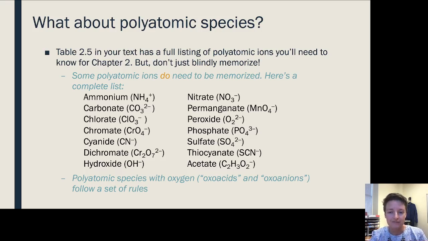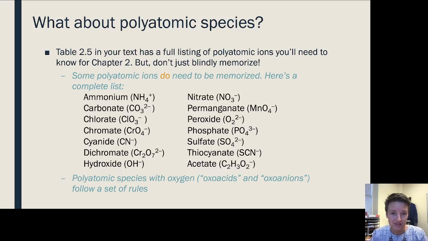However, a lot of the items on Table 2.5 are ones that you can know through pattern recognition and through these systematic naming schemes. So for example, if you have an ion that has only one element, like we practiced last lecture, you can use the periodic table to figure out what its charge should be. So as an example of that, magnesium, which lives in the second column of the periodic table, is going to have a +2 charge because that's the charge that elements in that group always have.